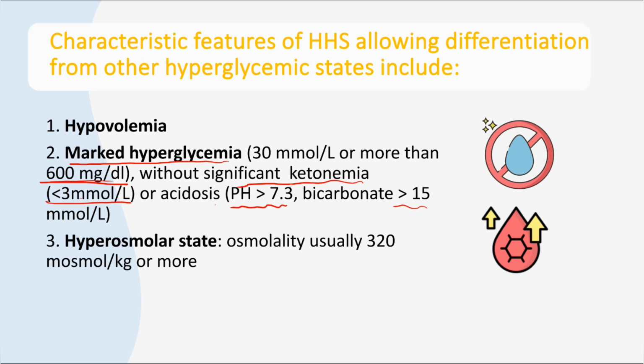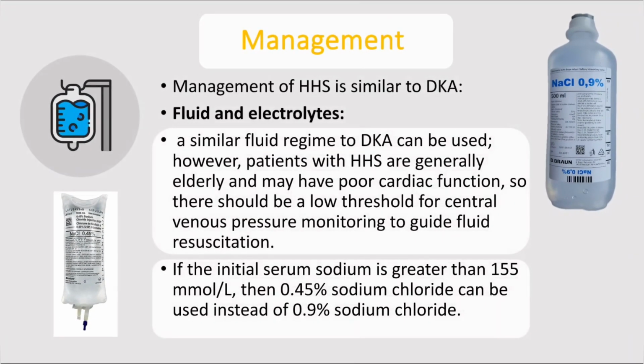So there is little ketone and little acidosis, but there is marked hyperglycemia. This leads to a marked hyperosmolar state, usually more than 320 milliosmol per kg. Because when glucose increases, it leads to osmotic diuresis, so the patients will get hypovolemia. So the patient will be in a dehydrated state.